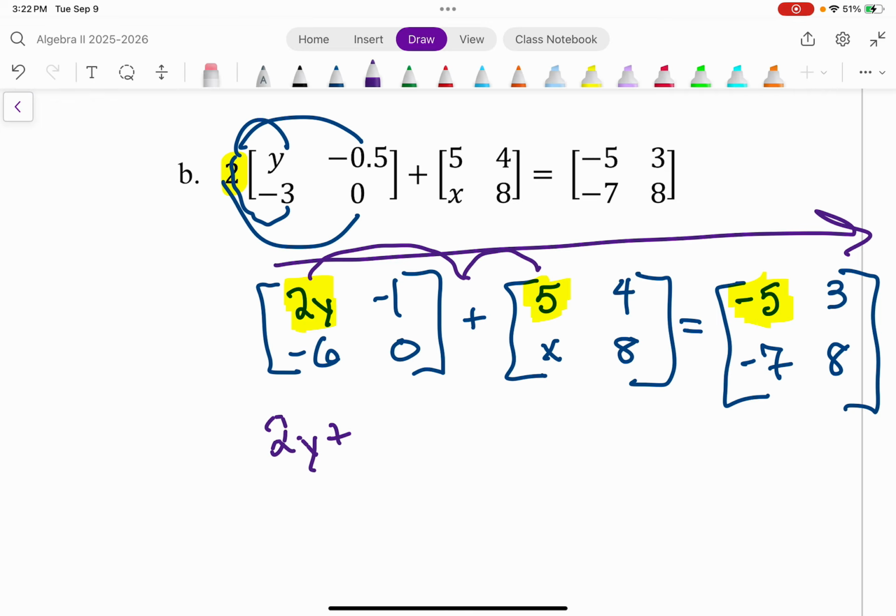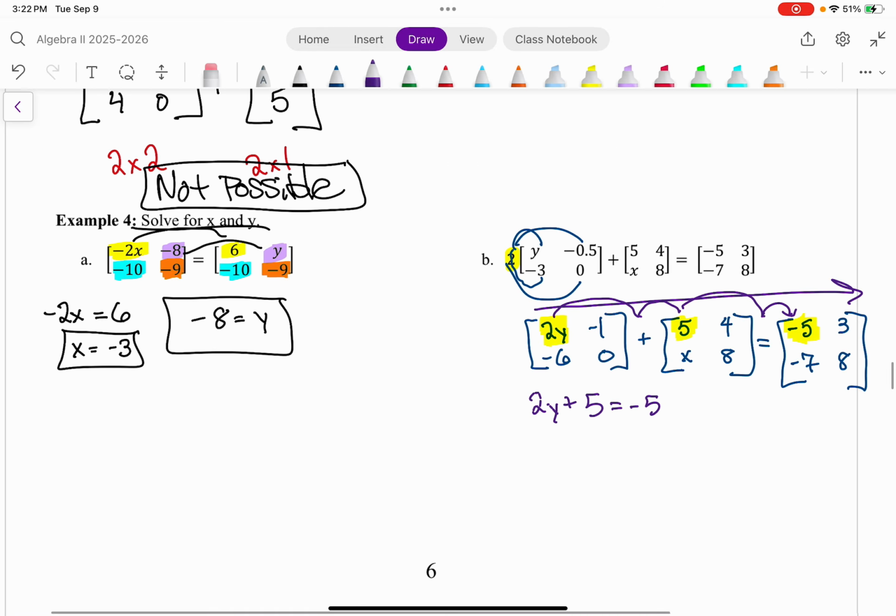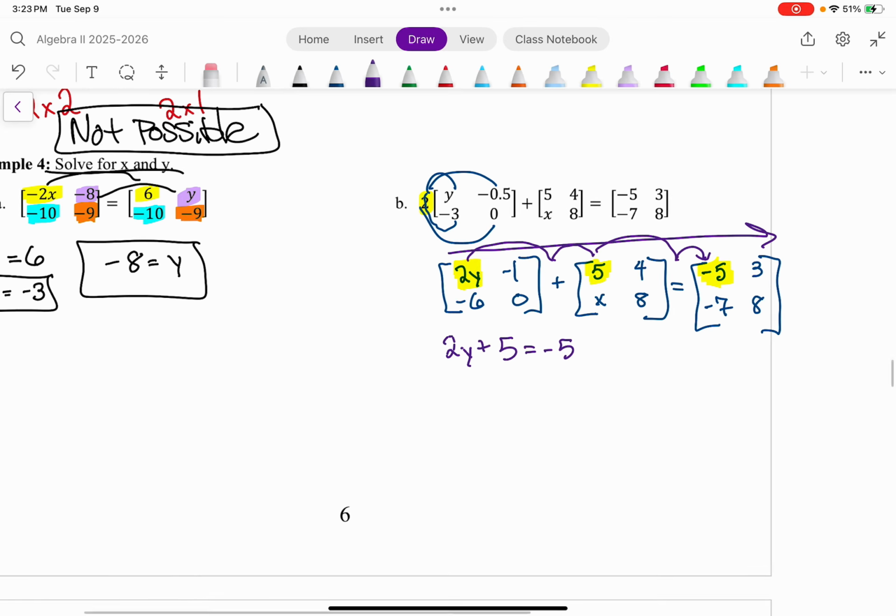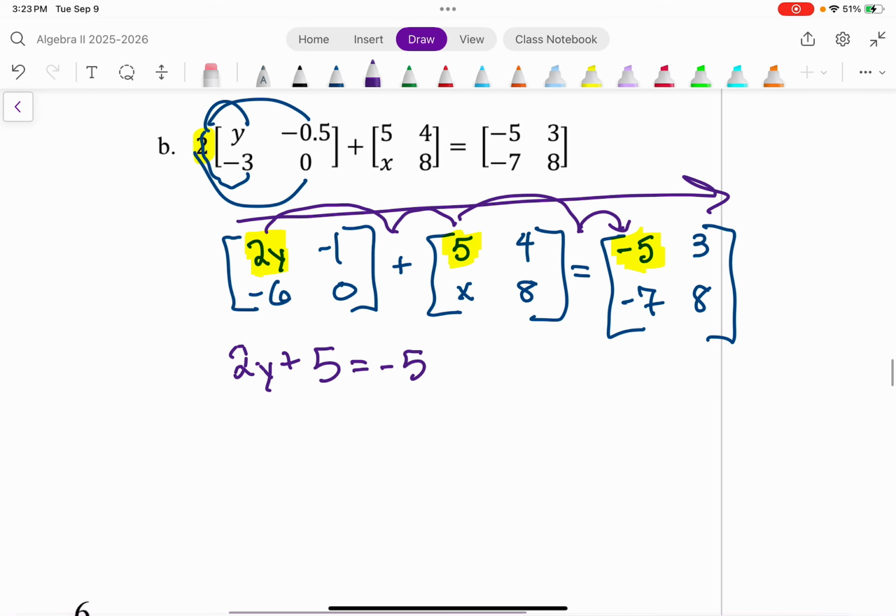Then we're going to go to our next one, 5, equals, and then the entry that it has, -5. So it's very similar to before, except now we're adding the matrices without showing the work that we're actually adding them together. If you would like to rewrite it where you add all of these values together and then set up your equations, you can. But I feel like that work is an extra step that's just not necessary.